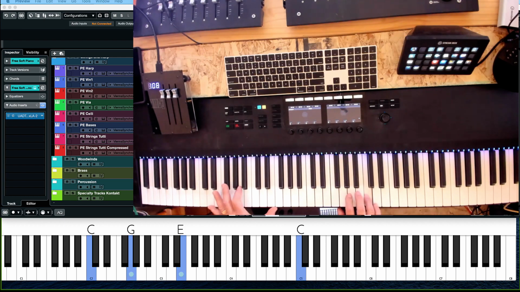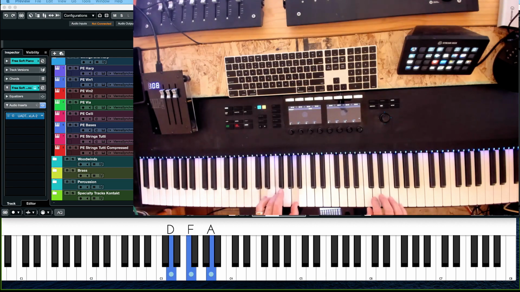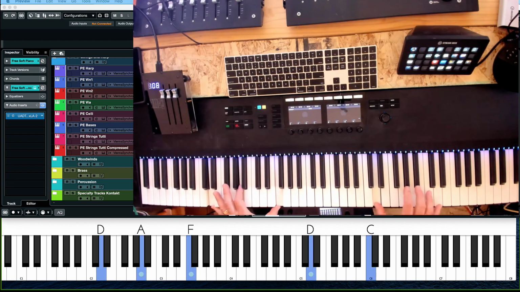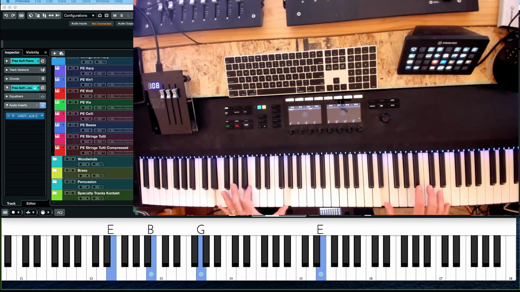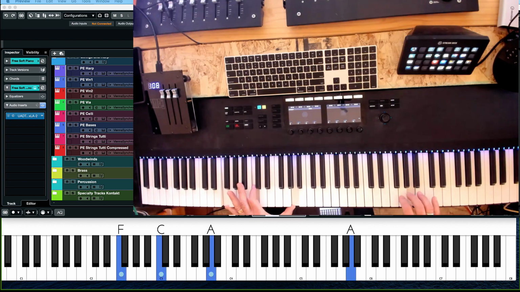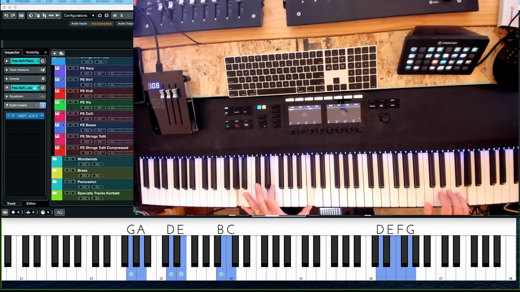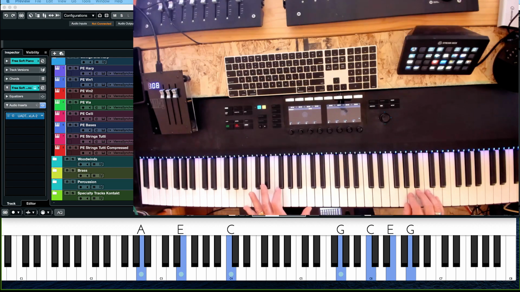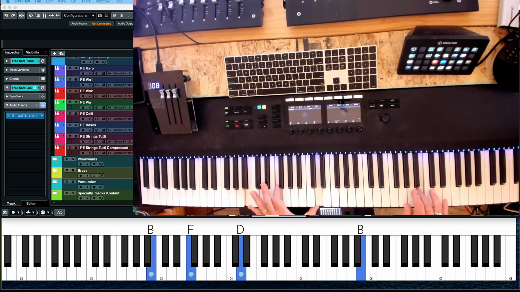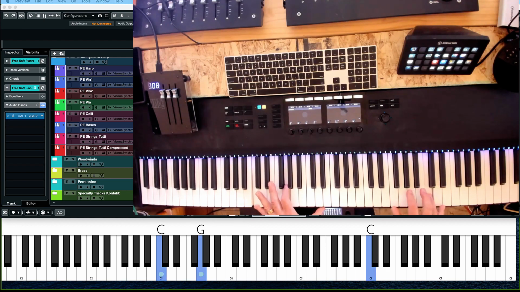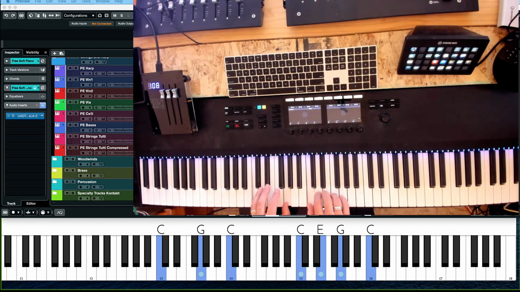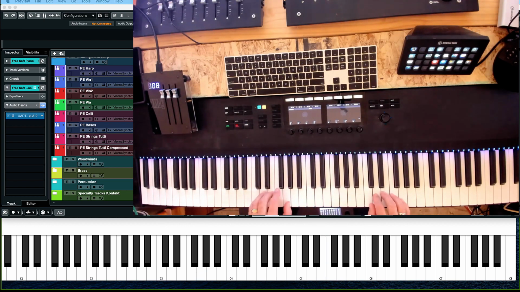And then if I want, I could go up. So this would be the second chord. Or more simply, we could just do those triads.